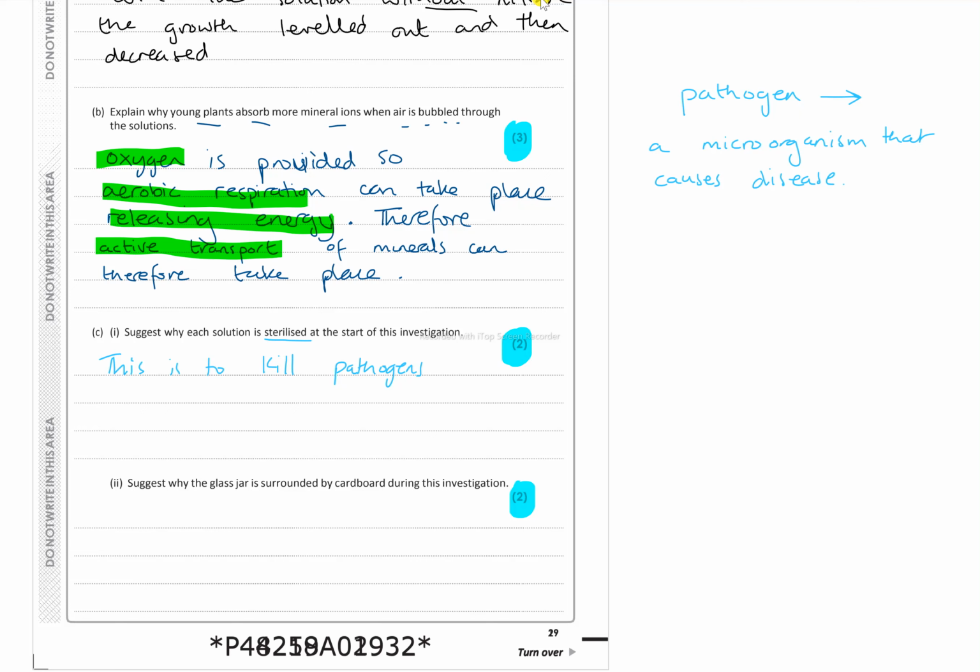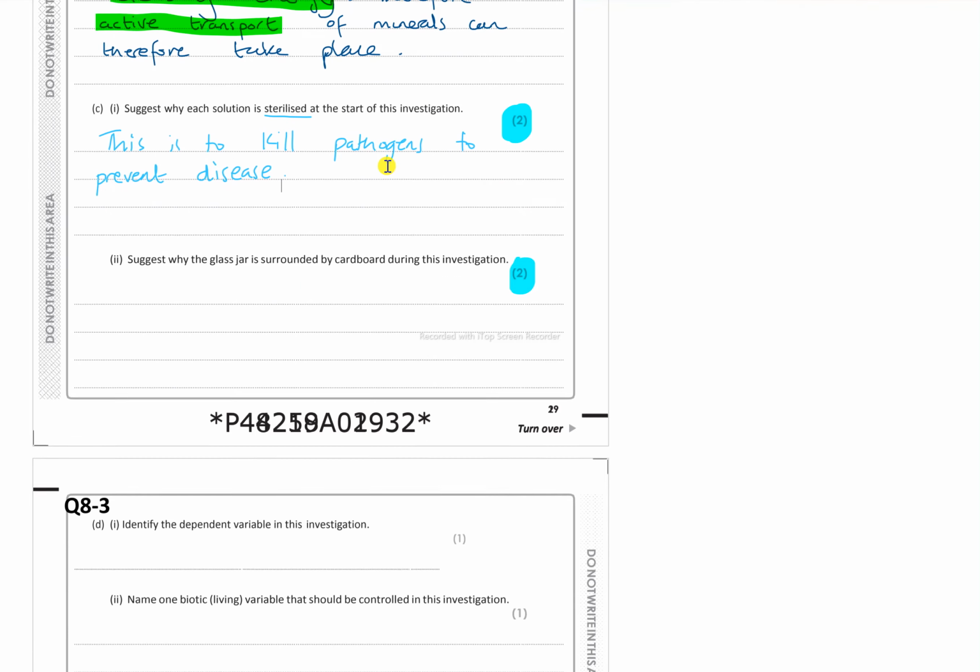Right, this is to kill pathogens to prevent infection or disease. I mean, to be honest with you, it could be because of to stop other microorganisms. They're not necessarily pathogens, to compete for the resources.